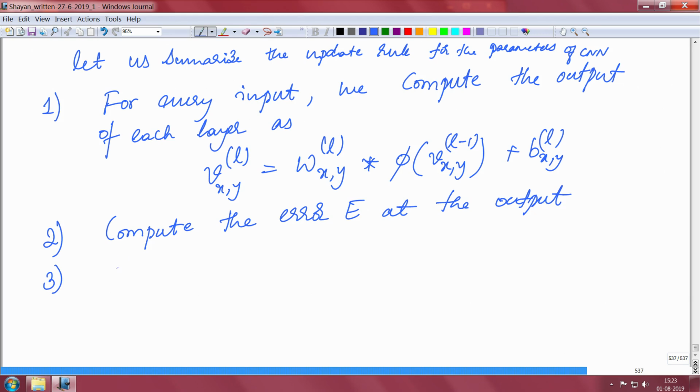Third step is the actual backward pass, where the actual learning happens.